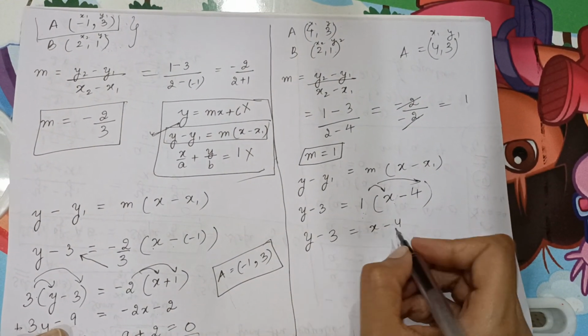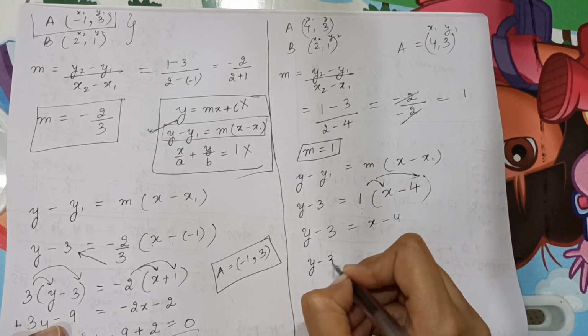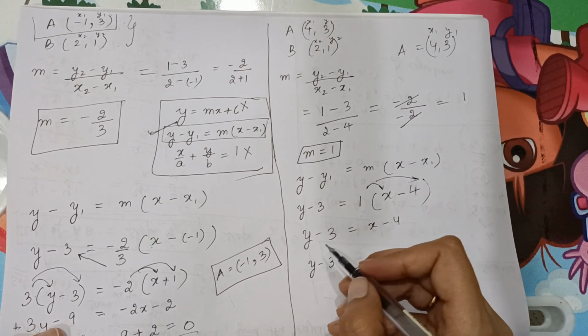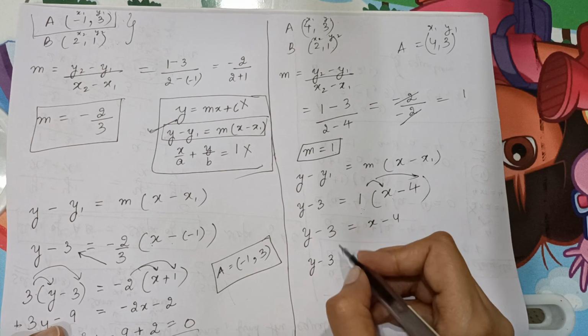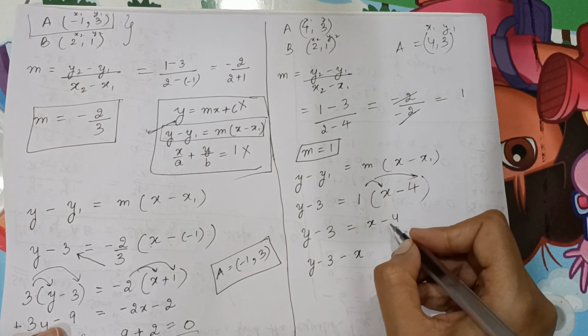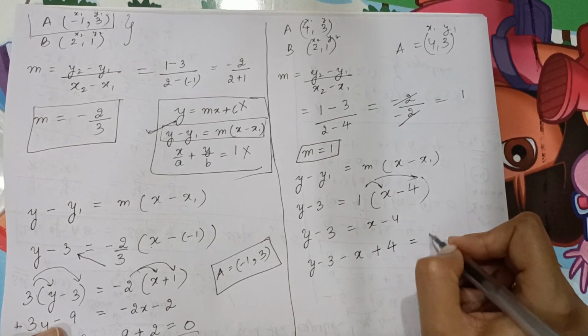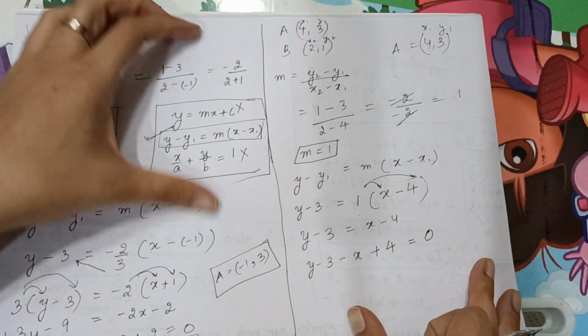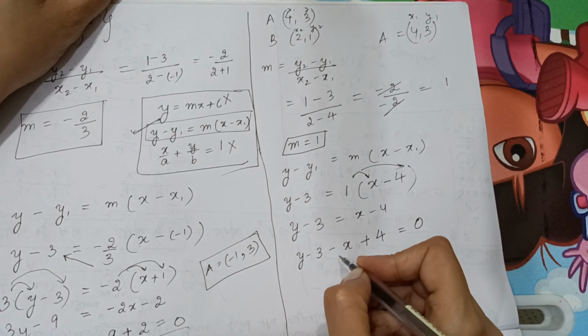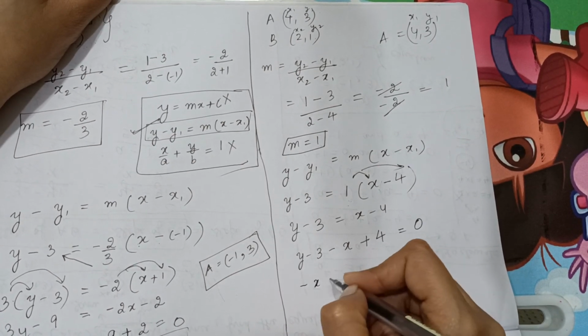Now let's shift everything to this side. y minus 3 is already there on that side. Let it be like this. x, when I shift to the other side, it will become minus x. Minus 4, when we shift to the other side, it will become plus 4, equals 0. Now let's rearrange them. Let's write x first, then y.